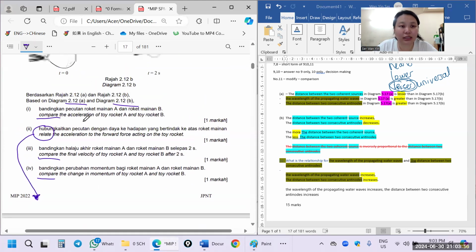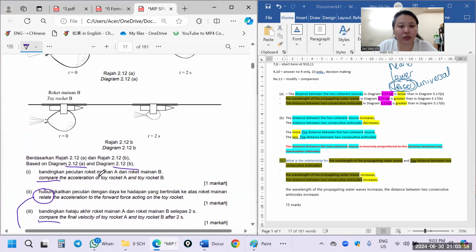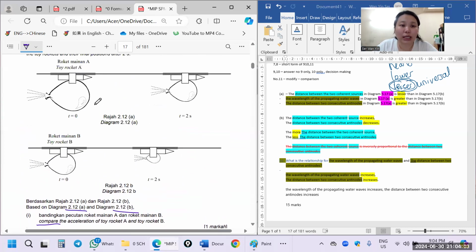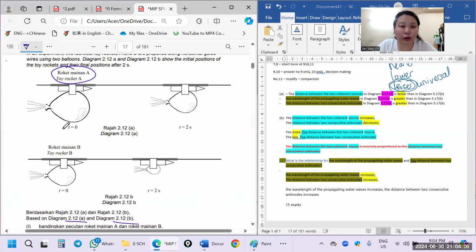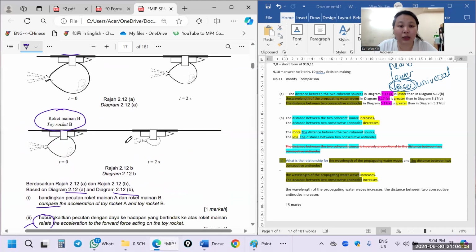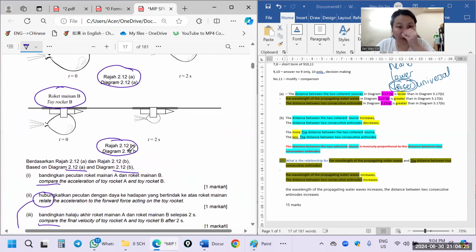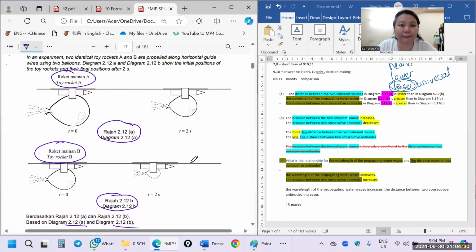Relate normally is after that. So compare the acceleration of toy rocket A and toy rocket B. If they have toy rocket A, toy rocket B, you want to say A is blah blah then B, also can, or you can still say diagram 2.1 to A, 2.1 to B also can. Okay, so now can you compare the acceleration of rocket A and rocket B?